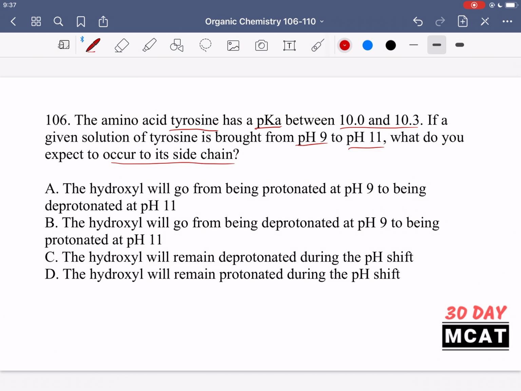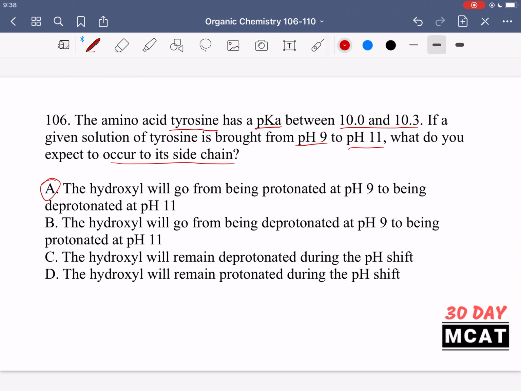And so we had something that was at pH 9, approximately 1 below the pKa, so it was fully protonated before, and then we brought it to 10, and went beyond 10 to 11. Now it's fully deprotonated. So option A is saying the hydroxyl will go from being fully protonated at pH 9 to deprotonated at 11. And this is correct on both accounts, so therefore it's the correct answer.